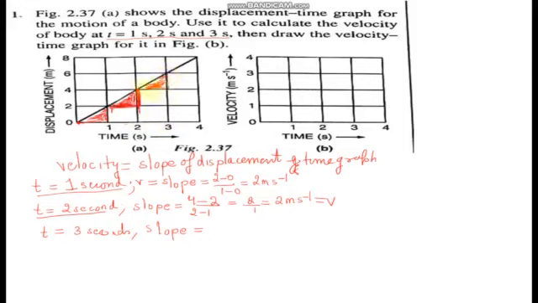Perpendicular height divided by horizontal height. The perpendicular height is from 6 to 4, that is 6 minus 4. The horizontal height is from 3 to 2, 3 minus 2. So it is 2 by 1 and the answer is 2 meter per second.